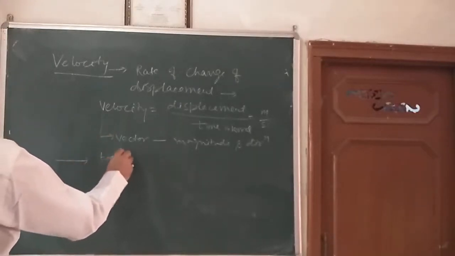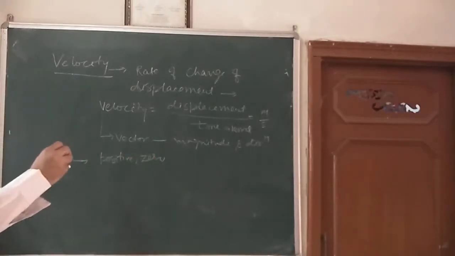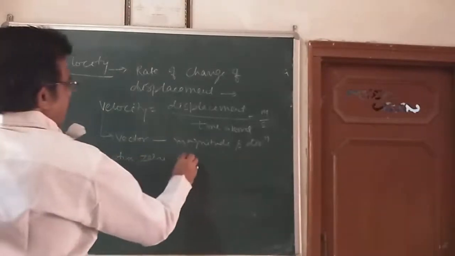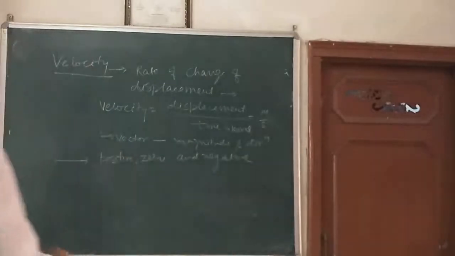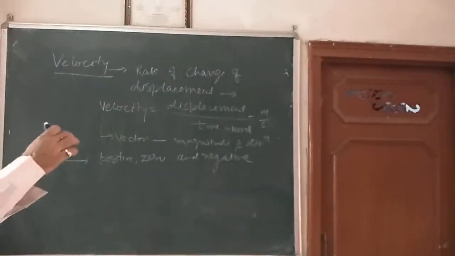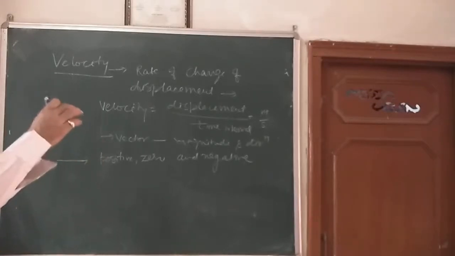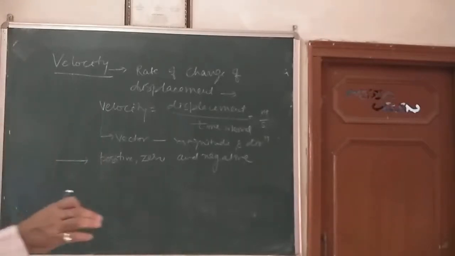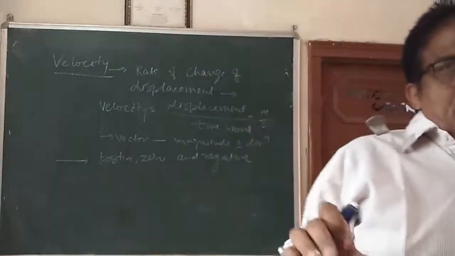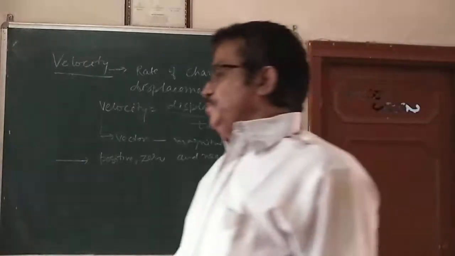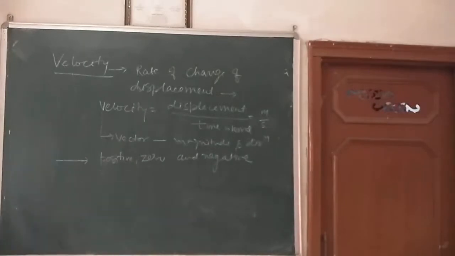The velocity of an object can be positive, zero or negative. It can be anything, accordingly as its displacement is positive, zero or negative.